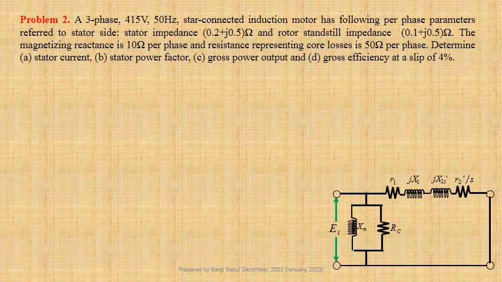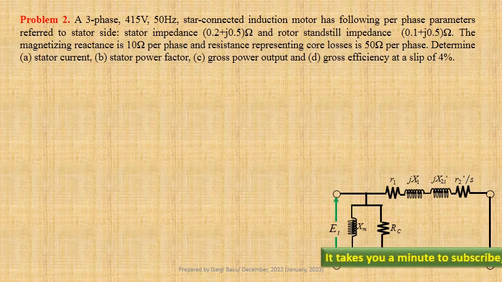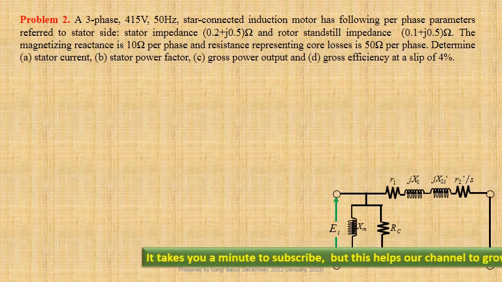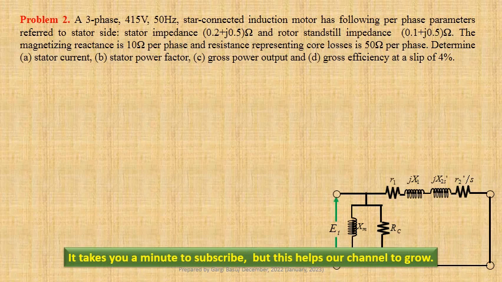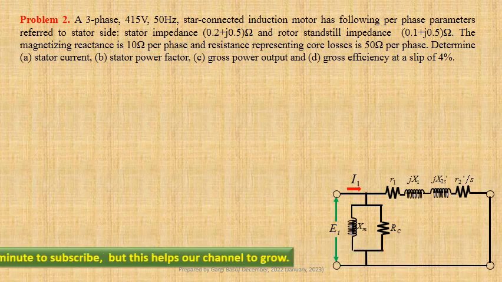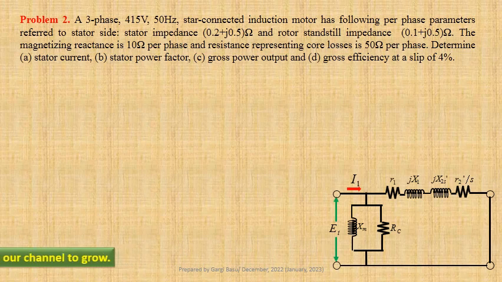The magnetizing reactance is 10 ohm per phase and resistance representing core losses is 50 ohm per phase. We have to determine stator current, stator power factor, gross power output and gross efficiency at a slip of 4%.